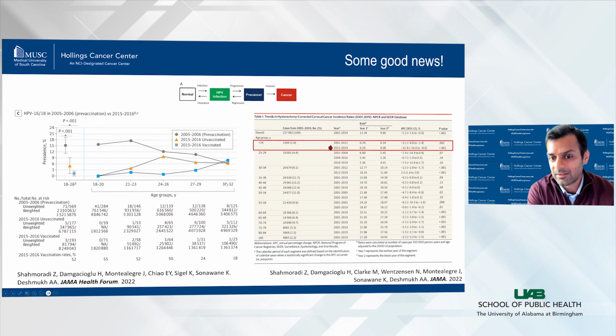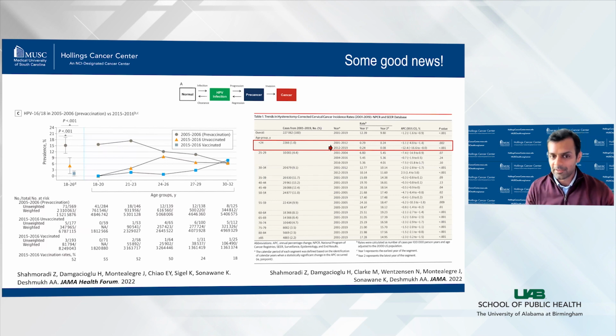If we look at women who are less than 24 years old, in recent times cervical cancer incidence is decreasing very substantially. From 2012 to 2019, among the youngest birth cohort, we observed a nearly 65% decline, or nearly 12% per year decline, in cervical cancer incidence. Among the 25 to 29-year-old age group too, we are seeing some decline, 7.5% per year, although it was not statistically significant.